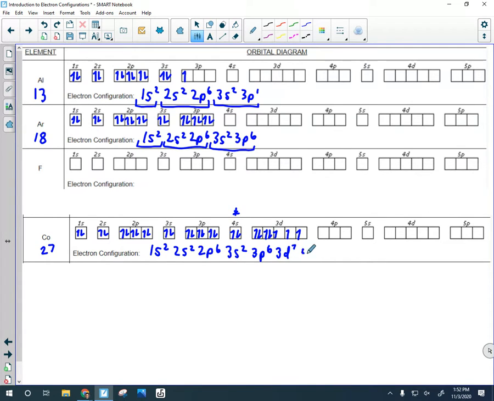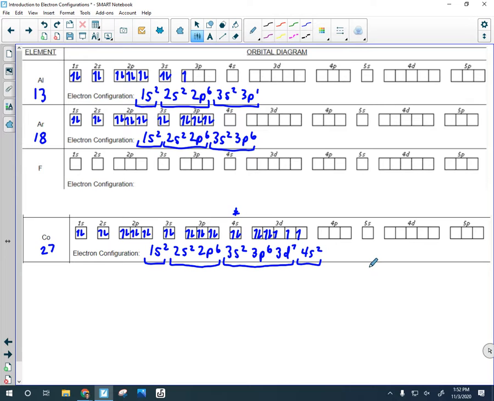And then I'm going to go ahead and write the 4s2 last. So again, if I'm bracketing out my principal energy levels, there's your first level, your second level. Your third level includes those 7 3D electrons. And then I would consider the outermost energy level the fourth principal energy level with 2 electrons.